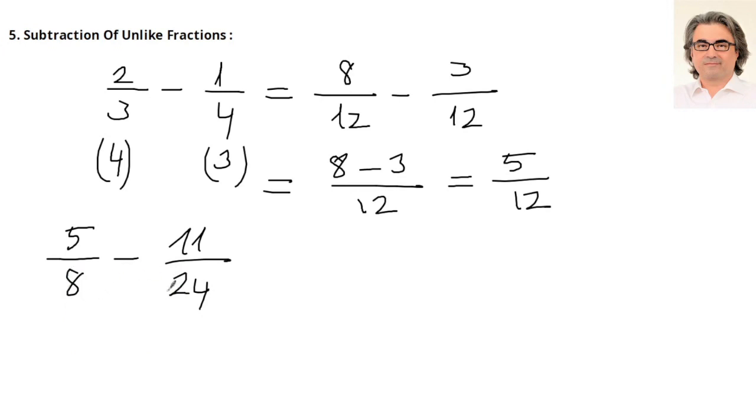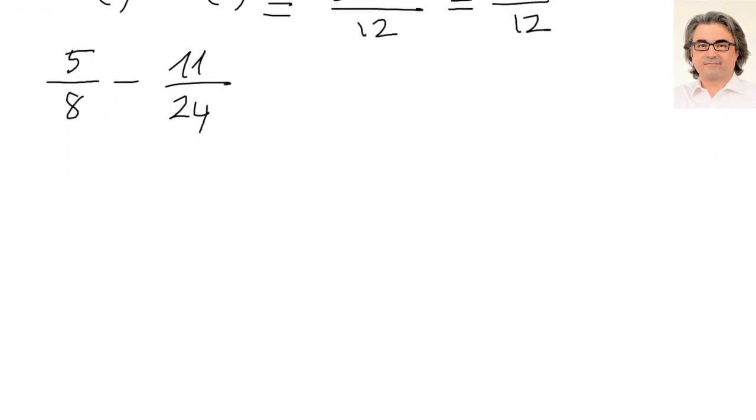Or in which number may we equalize the denominators? We may ask this question like this. Of course, your experience tells you 24. But you may find the least common multiple of 8 and 24 in another way. Now let's find it here.